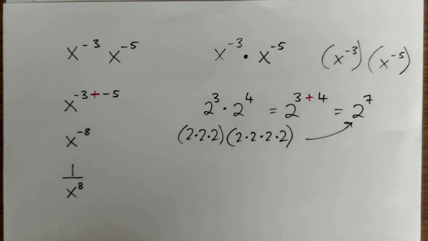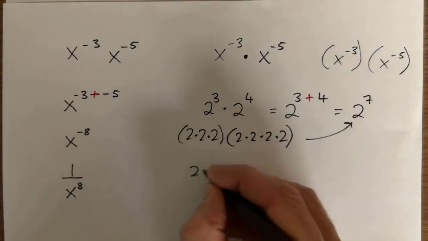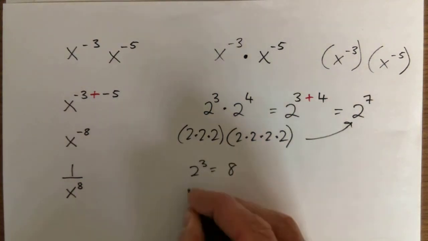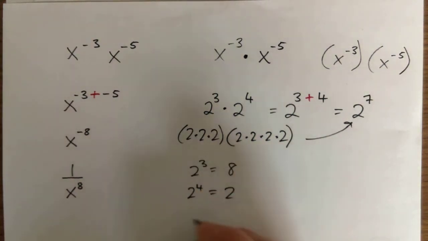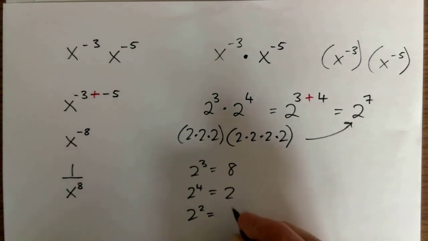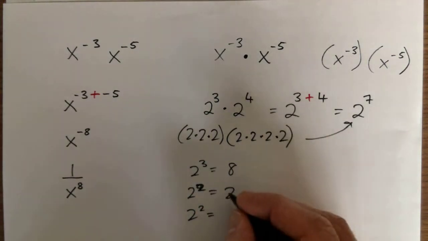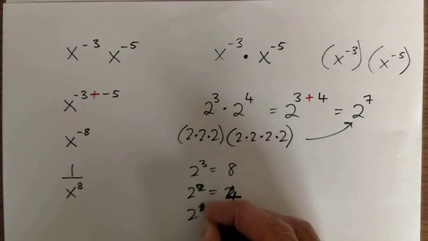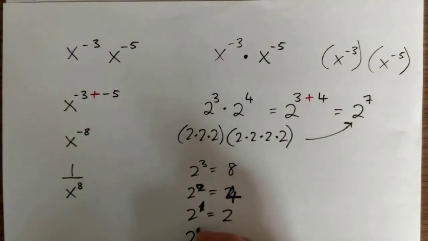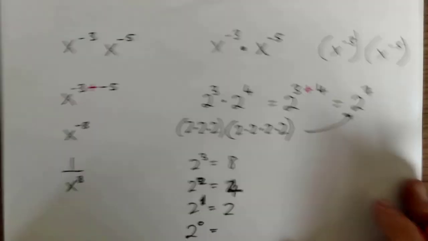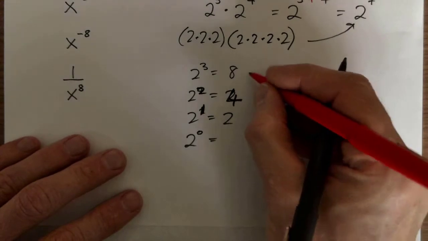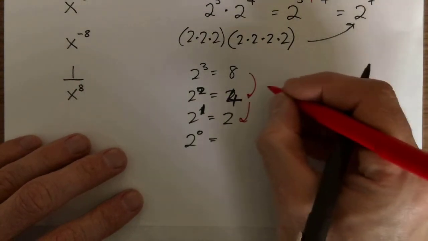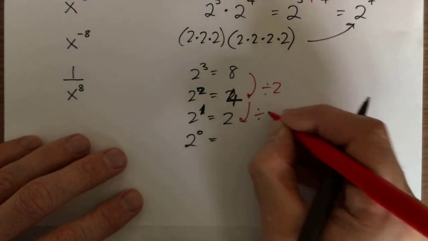And then the negative exponent stuff, you might remember that 2 cubed is 8, 2 to the power of 2 is 4, 2 to the power of 1 is 2, 2 to the power of 0. And the pattern we looked at previously is that these guys are being divided by 2 each time.